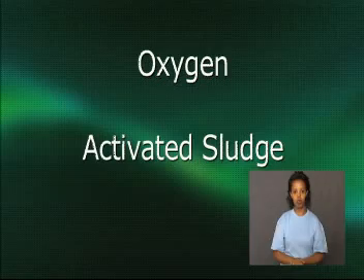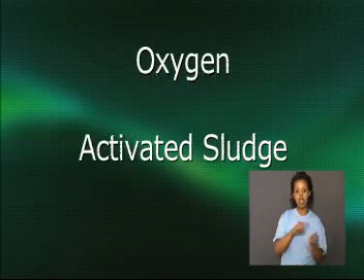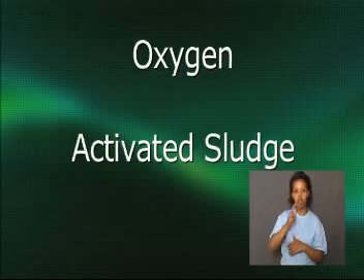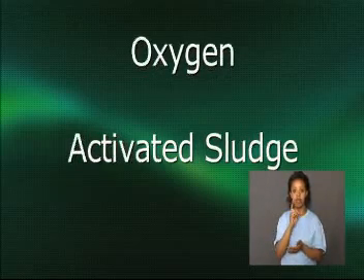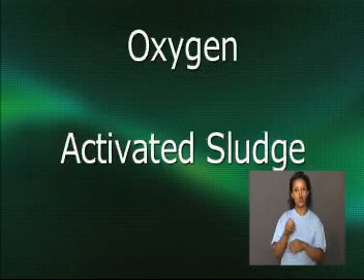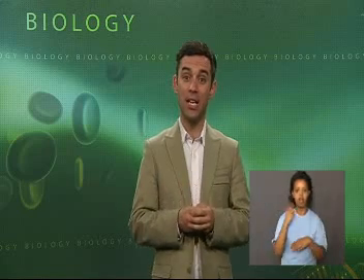As oxygen is added to the sewage, it facilitates the growth of the microorganisms that work to break down the organic material within the sewage. The activated sludge is the byproduct of the activated sludge method that is recycled and used again.